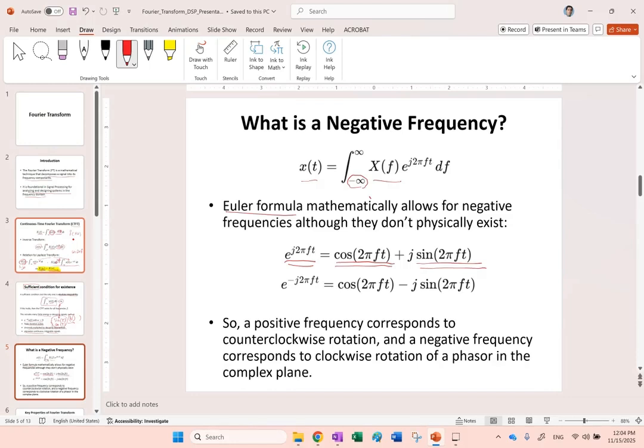And if f becomes a negative f, similarly it becomes cosine 2 pi ft, this time minus j sine 2 pi ft. And what's the difference between these two? Well, they just make this total angle positive or negative. And that corresponds to whether this angle is counterclockwise or clockwise, right?